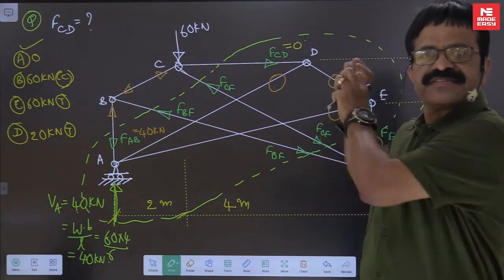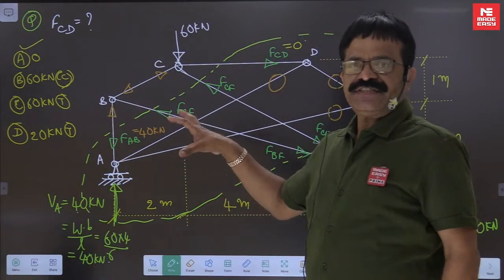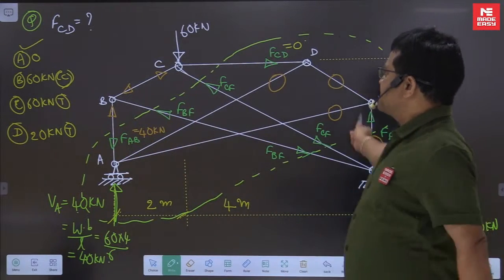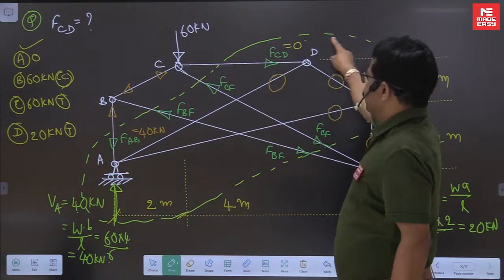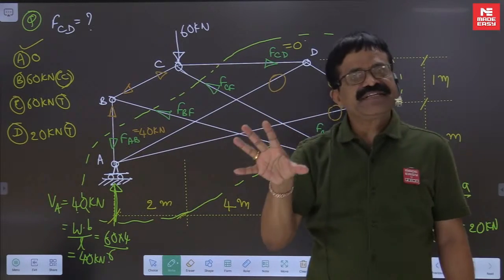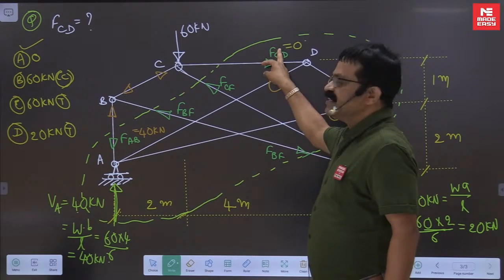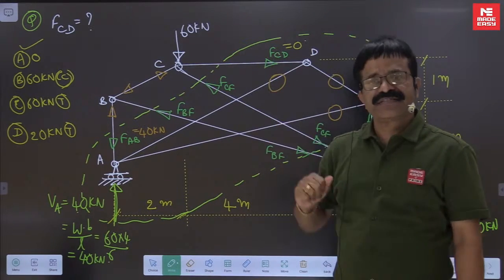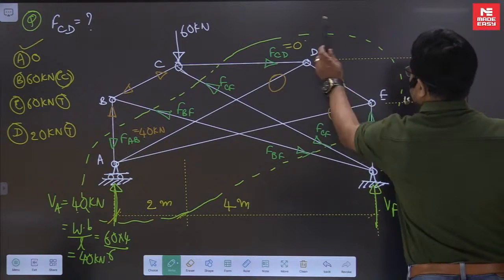You can plug that, stick it somewhere else, and in its isolation, it should be in equilibrium. Since the truss is in equilibrium, this part alone, if I take it, that also must be in equilibrium in its isolation, which means that FCD has to be 0, otherwise sigma x0 will not happen. So from sigma x0 point of view, it has to be 0.